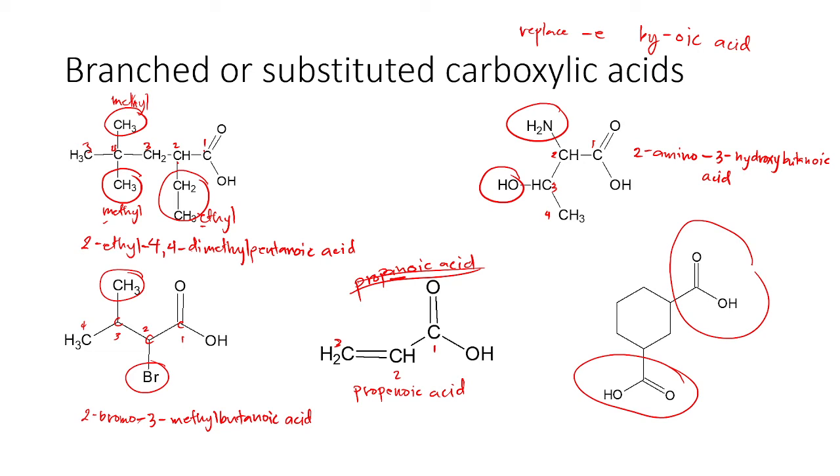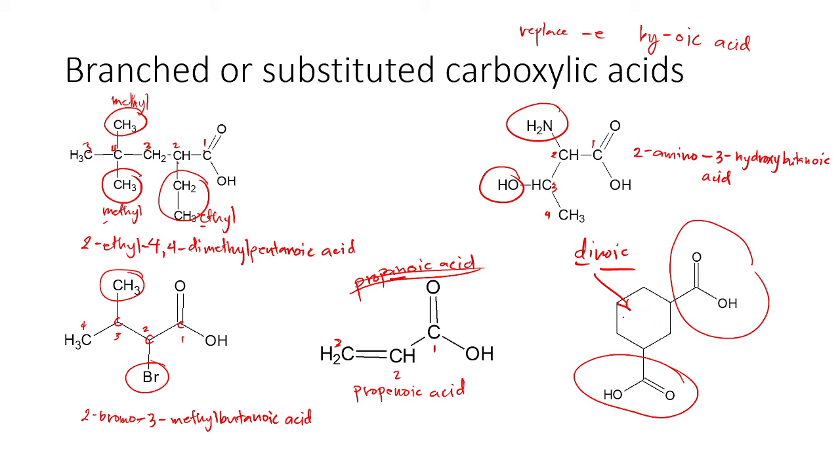Pag nakakuha ka ng dalawang carboxylic group, you just need to name this middle part, kung nasaan man yung middle part na yan, then you just need to add dioic. Bakit dioic? Dioic, dalawang oic acid.